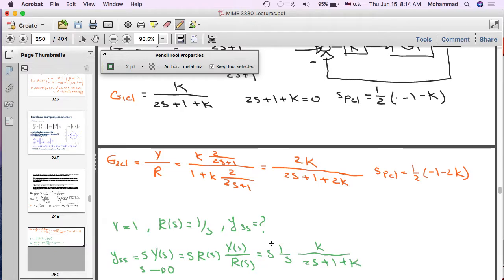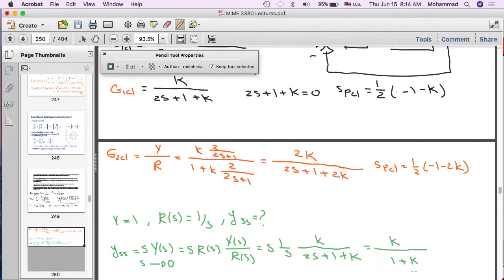So the first two s in the numerator and denominator will cancel each other. If you let s go to 0, the theorem predicts that Y steady state is going to be equal to k over 1 plus k.